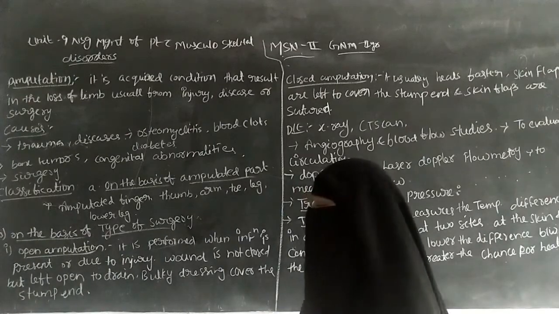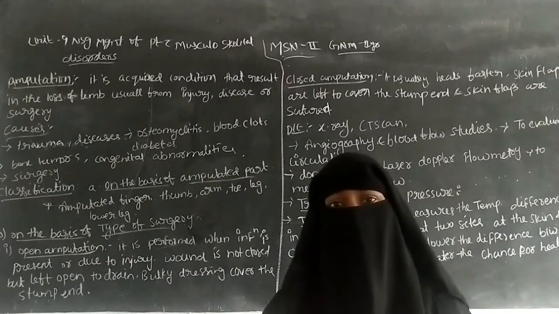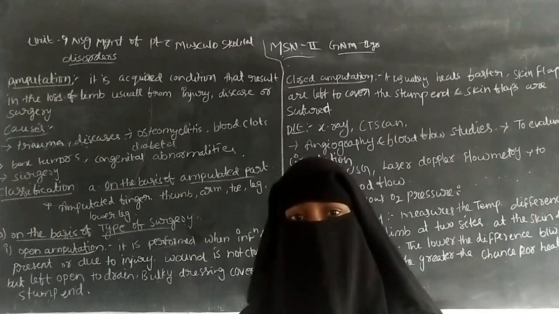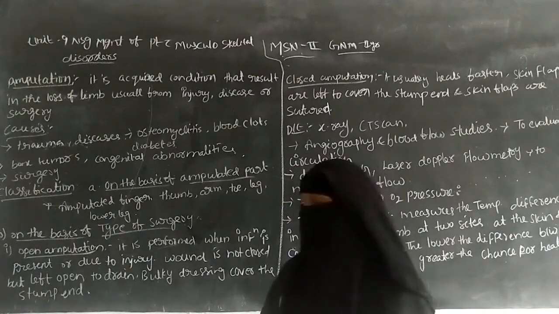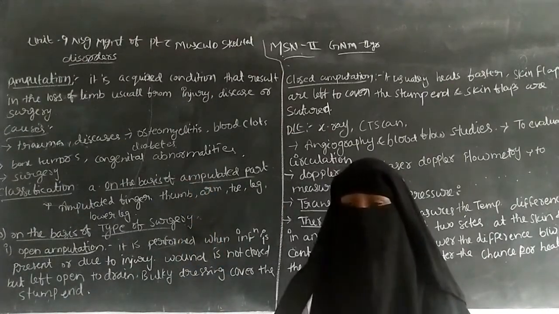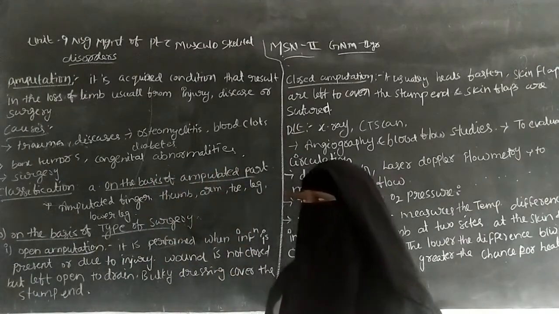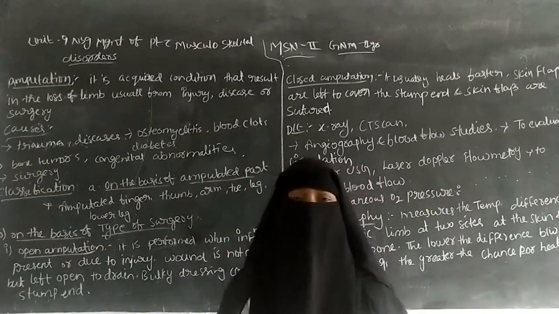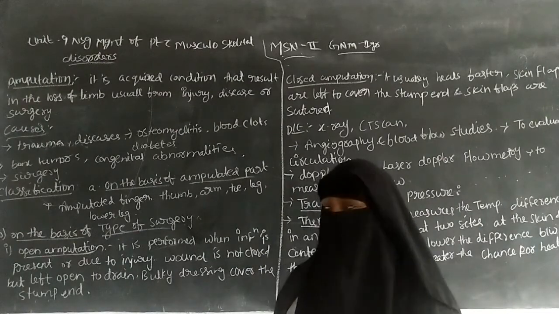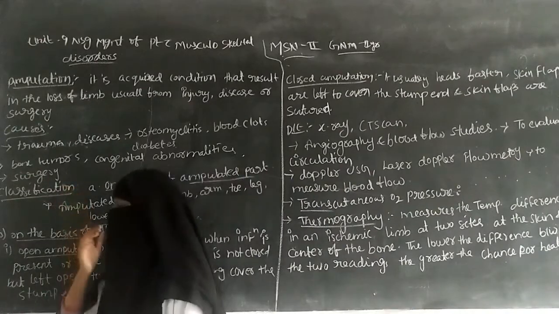So next one is congenital abnormalities. In congenital abnormalities, there is a loss or absence of a limb from birth, or improper development of the limb or other parts of the body during birth. And next one is surgery.